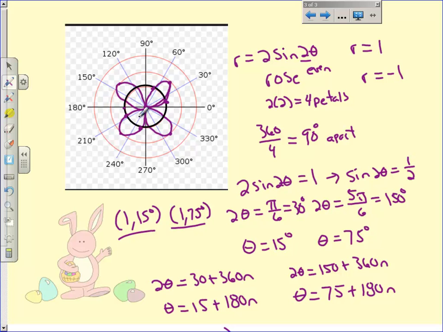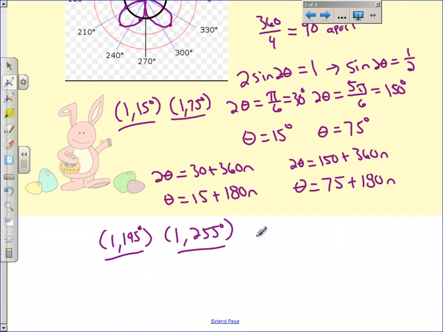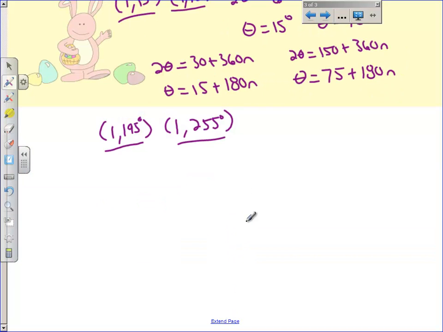If I didn't know what these graphs looked like, I wouldn't see that there were 8 points of intersection, and I guess I would have only got half credit on this question because I only got 4 of them. So let's go get the rest of the points of intersection. I'm going to set 2 sine 2 theta equal to negative 1, the other name for that circle. Divide by 2, sine of 2 theta equals negative 1/2, and then where is sine equal to negative 1/2?